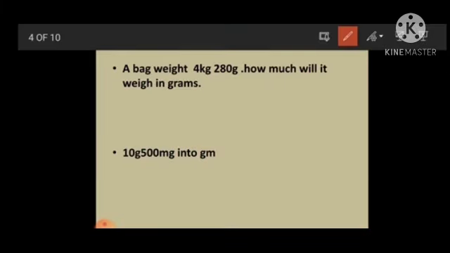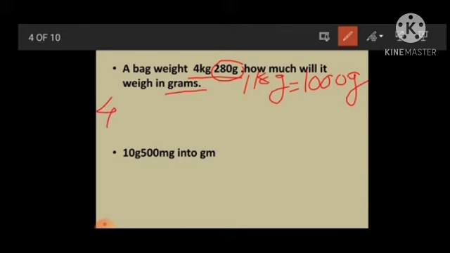A bag weighs 4 kilogram 280 gram. How much will it weigh in grams? We convert kilogram into grams. Here 280 gram is already there, so we don't change it, only we change 4 kilogram. 1 kilogram is how many gram? 1000 gram.